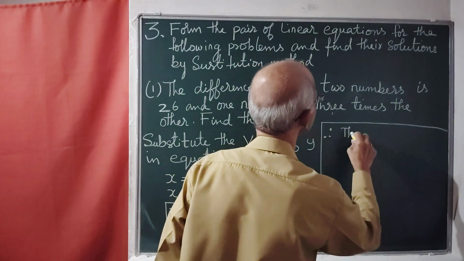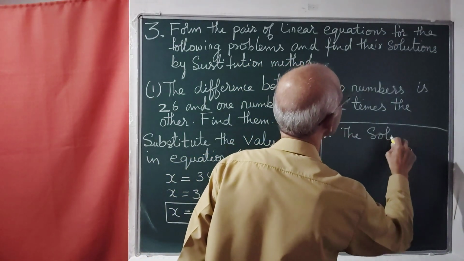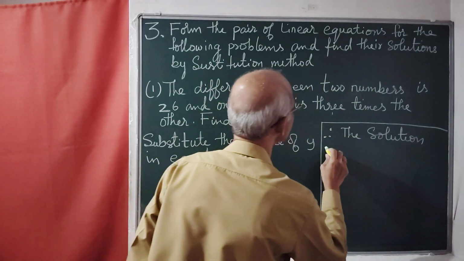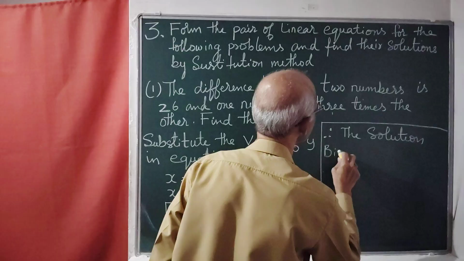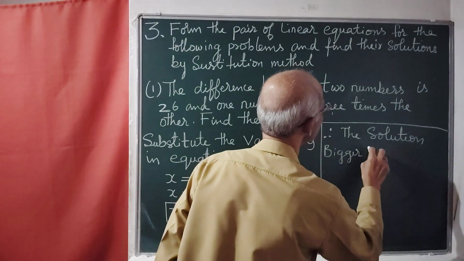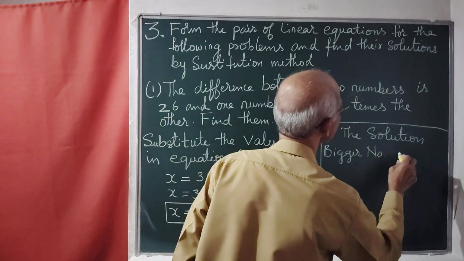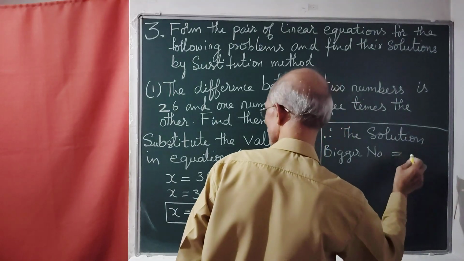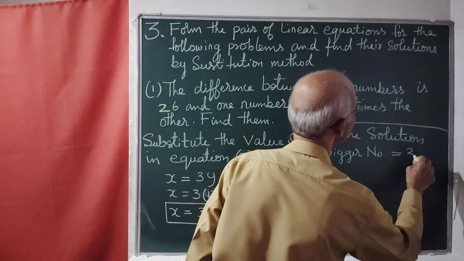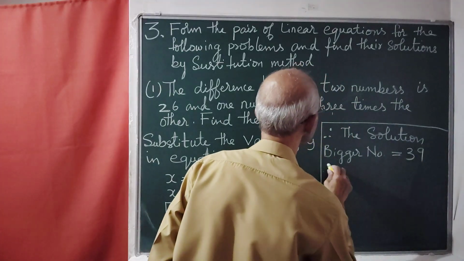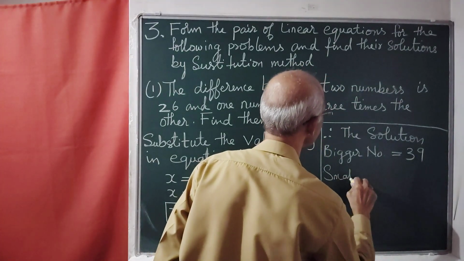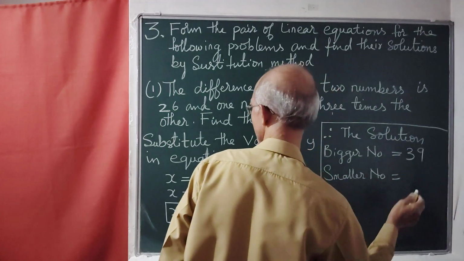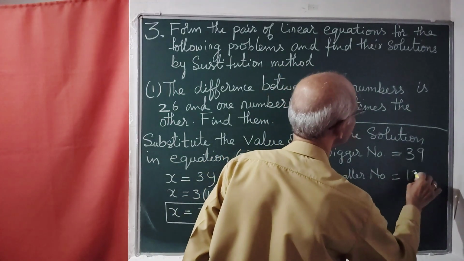Therefore, the solution: bigger number is equal to 39, smaller number is equal to 13.